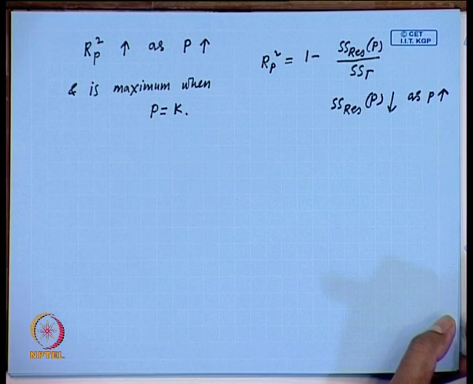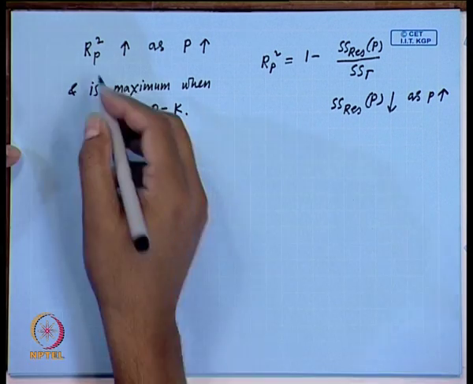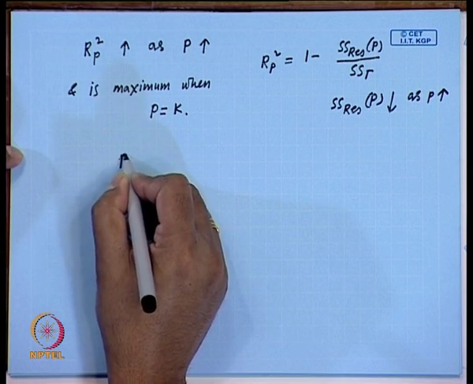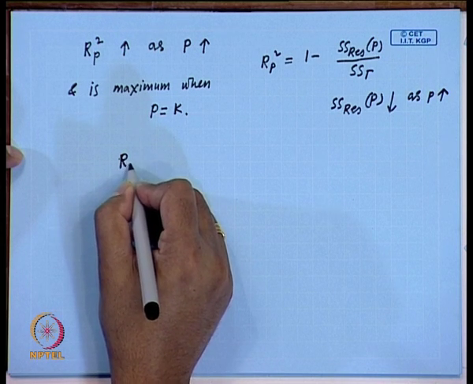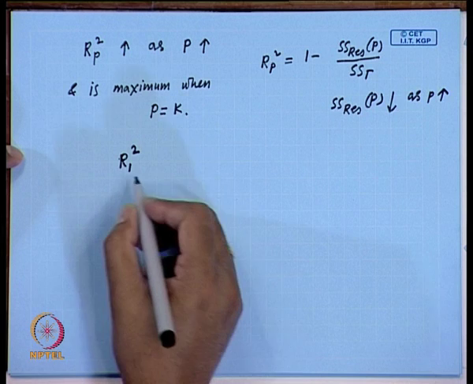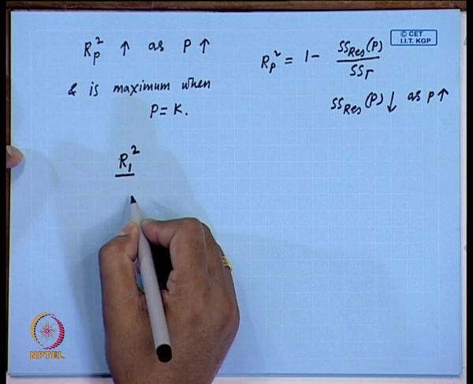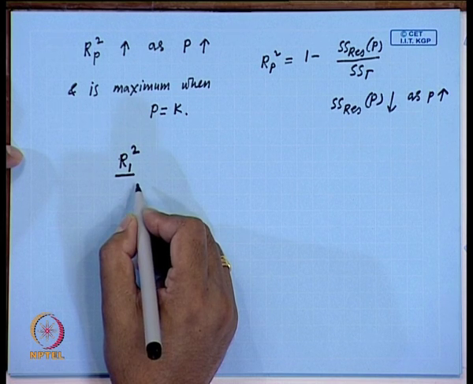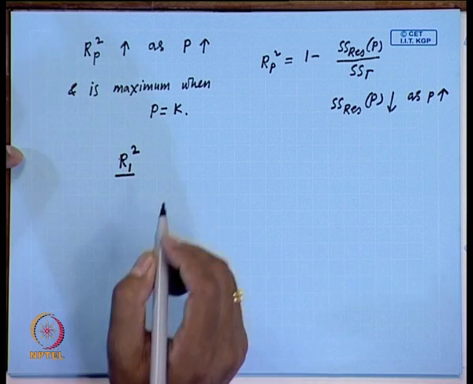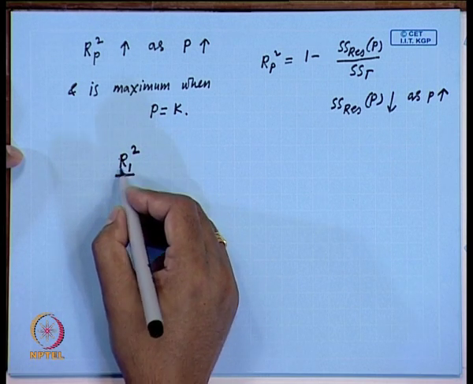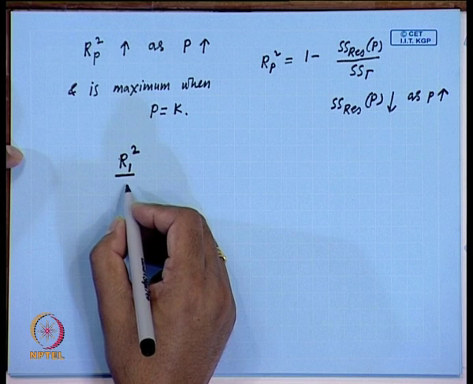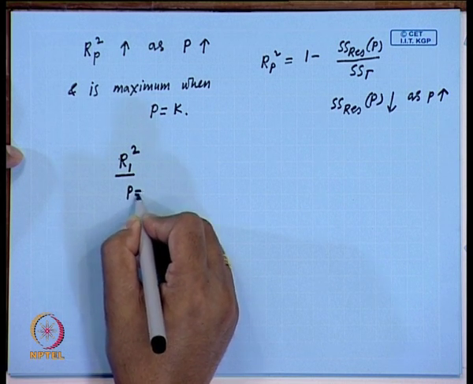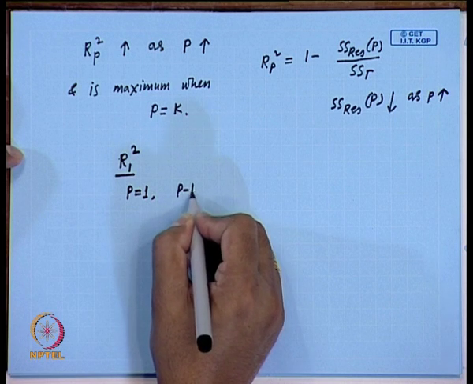So what we do here is compute the value of R p square. First we compute R 1 square. This is the case when the number of regressors is equal to 0. So p equal to 1, that means p minus 1 equal to 0.